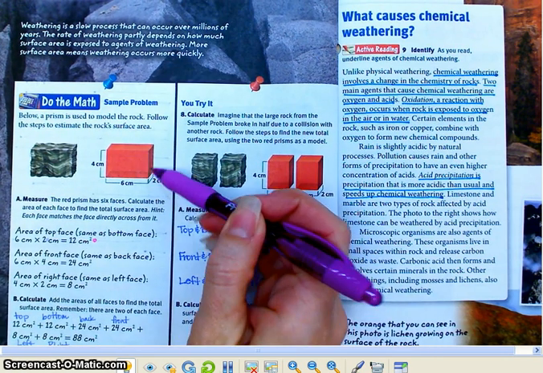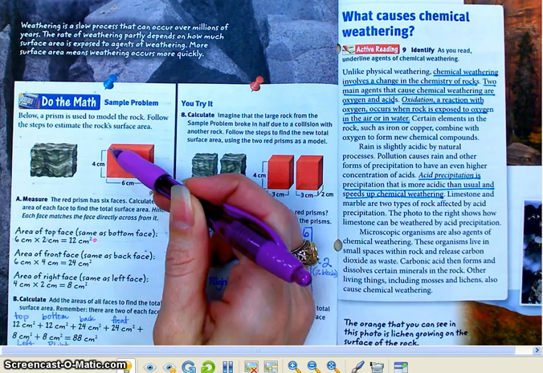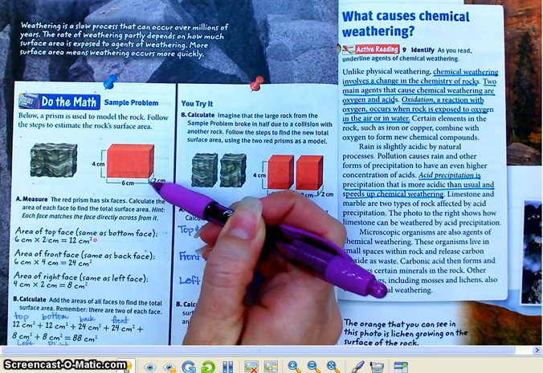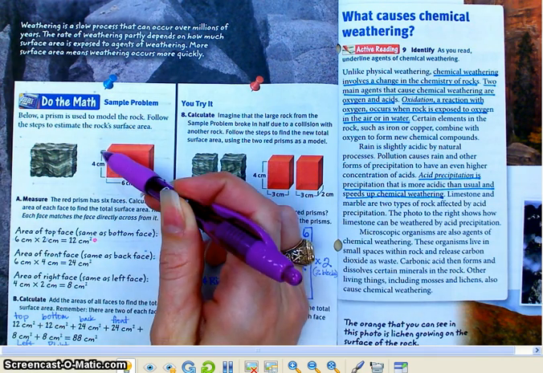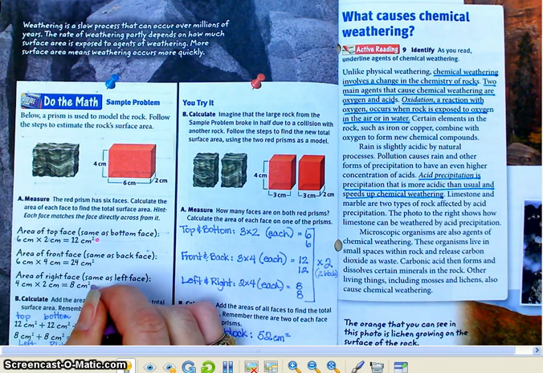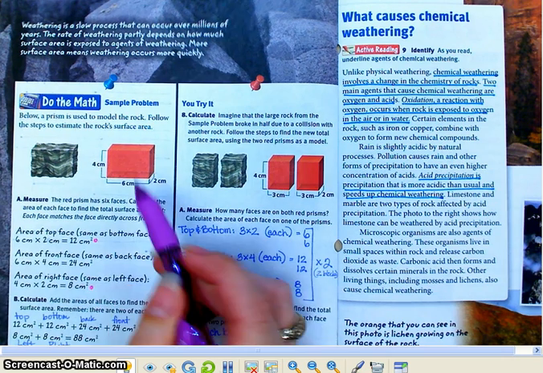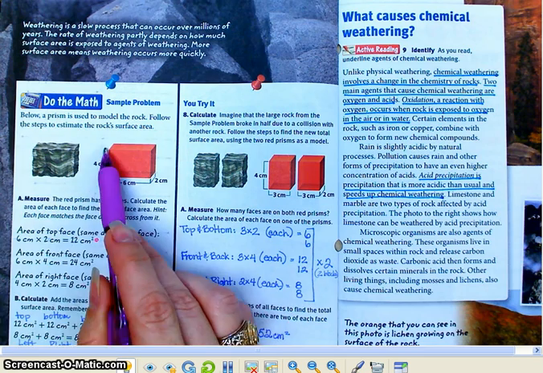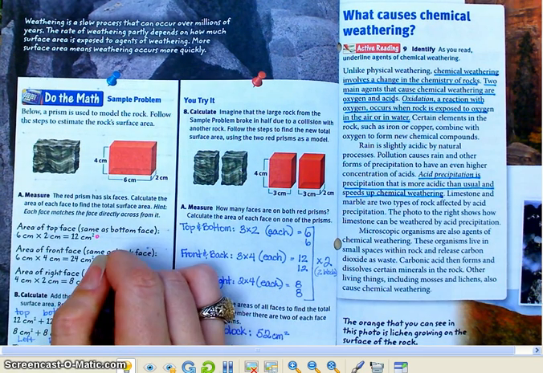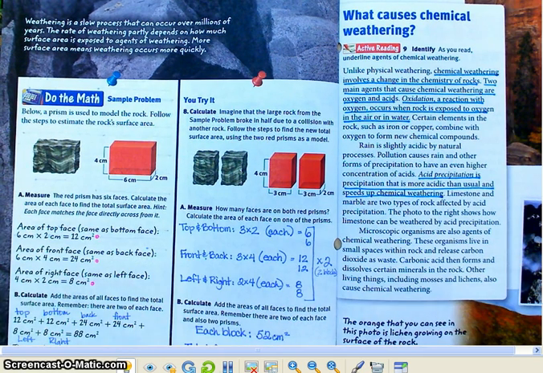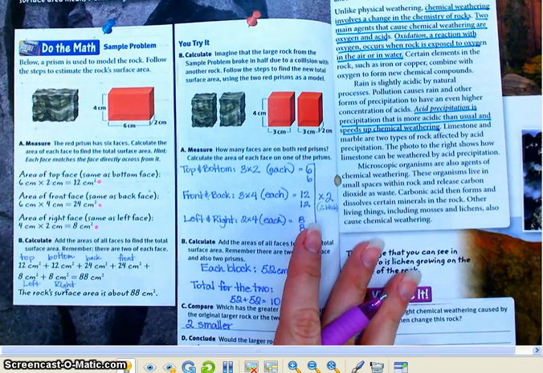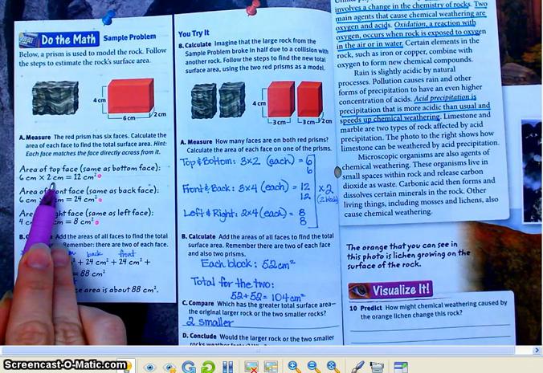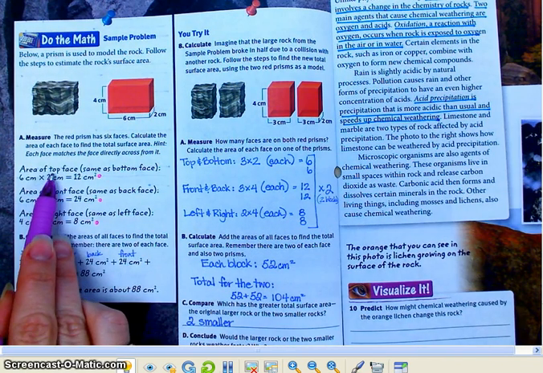You have a right side and a left side. That's going to be 2 times 4. That's this down here. And you have a front and a back, and that's 6 by 4, and that's 24. Now, you have 2 of these because it's top and bottom.